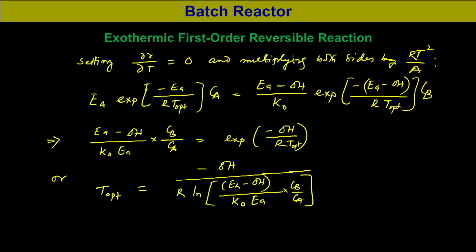So, T optimum we can write as minus delta H divided by R ln of (Ea minus delta H) by K naught Ea into Cb by Ca.